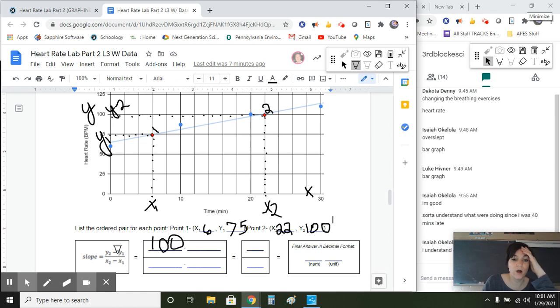Your y1, I go over here, 75. Then you're going to take your x2, which should be on the bottom. X2 is 22. And my x1 is 6.